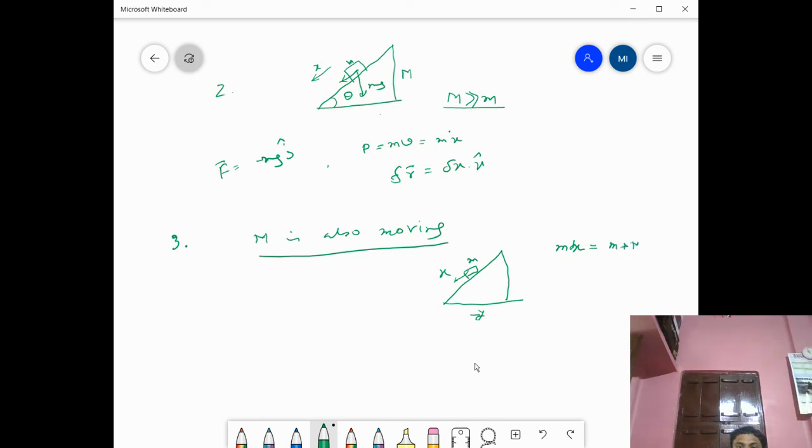M plus m times y, but the whole component of this will not be there. Then it will be m cos theta dx, right? Since dx is in this direction, this angle is theta. When it is moving, it is moving in the negative x direction.